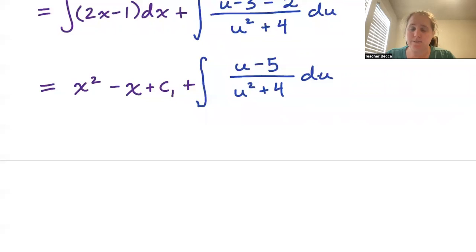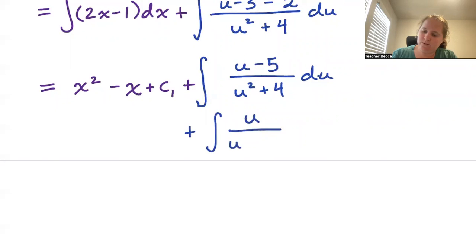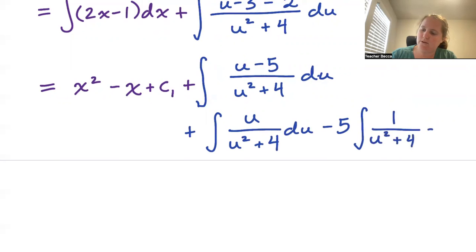At this point, we can split this as an integral of u over u squared plus 4 du minus 5 times the integral of 1 over u squared plus 4 du.